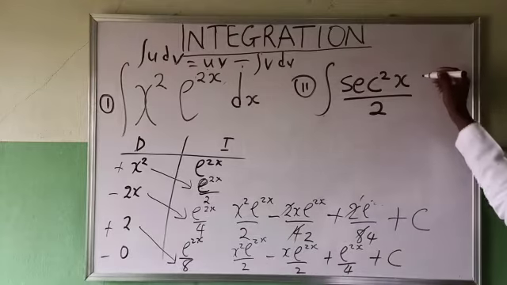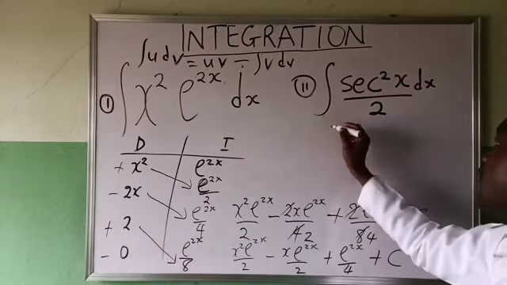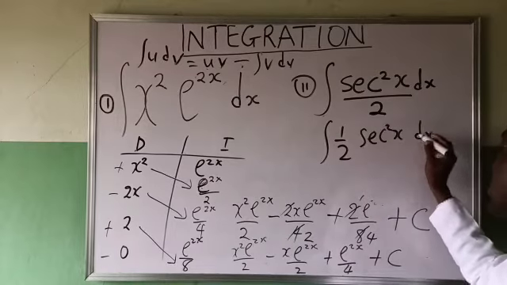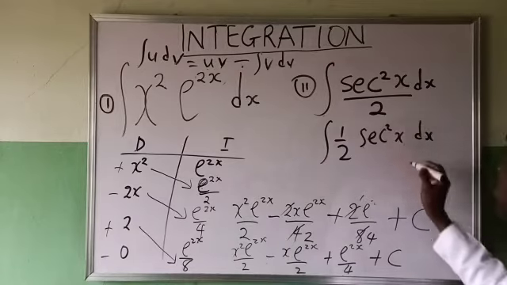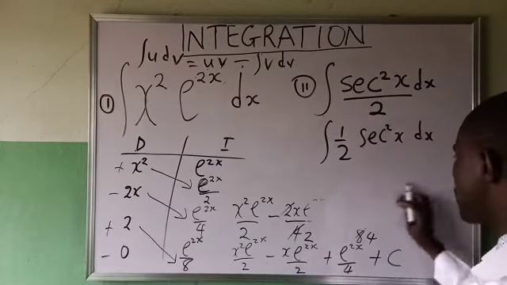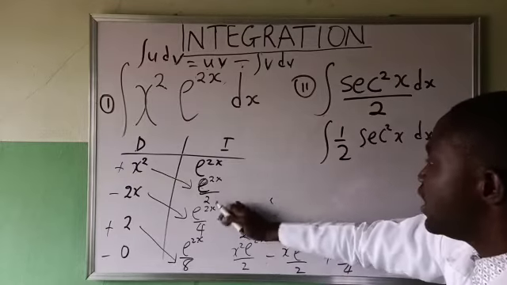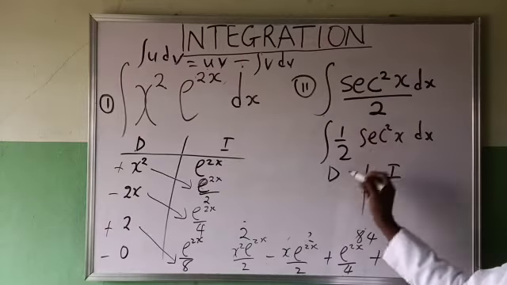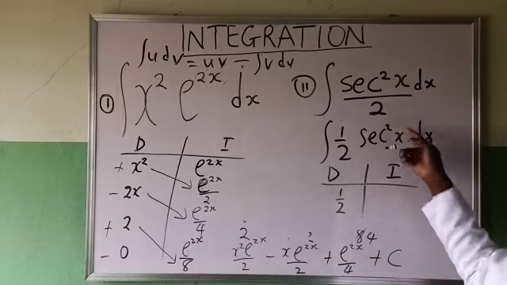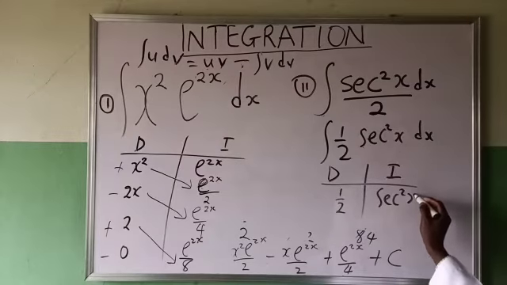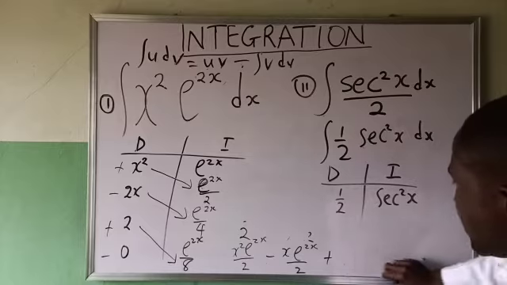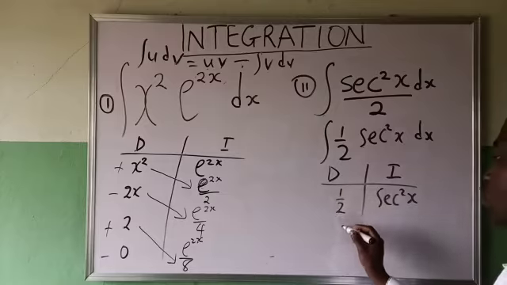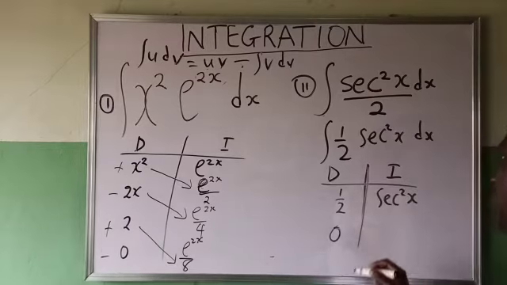We say that this simply means integral 1 over 2 sec squared x dx. That is what they mean. So on the differentiation part we will put 1 over 2. On the integration part we will put sec squared x. Since if you differentiate 1 over 2, you have 0, because 1 over 2 is a number.